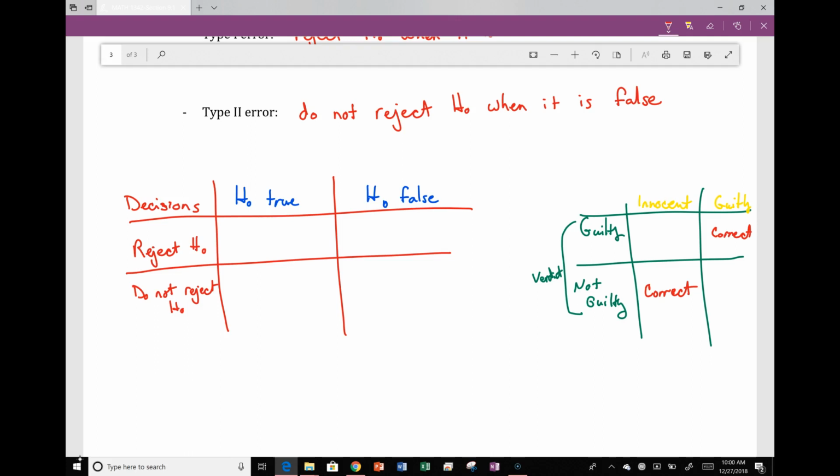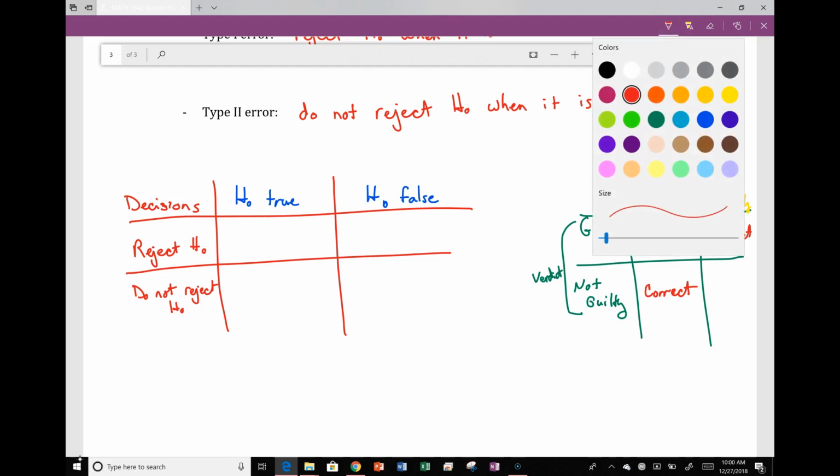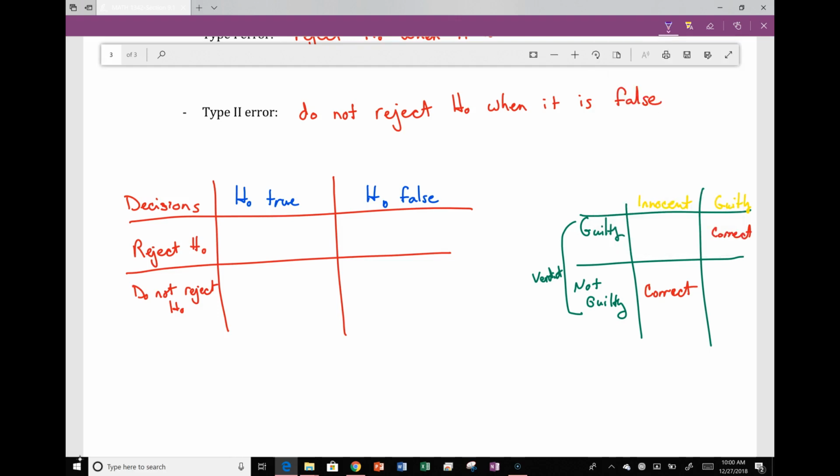If the person is innocent and we actually find them guilty, that is what we call a type 1 error. That's a type 1. We rejected the null hypothesis when it was true. So we sent them to jail when they were actually innocent. A type 2 error is when we did not reject them, we found them not guilty when they were actually guilty.